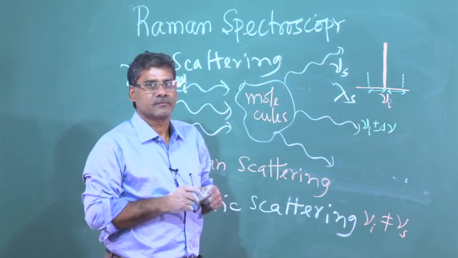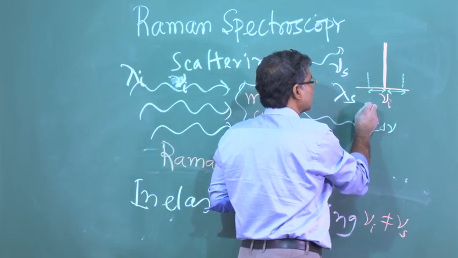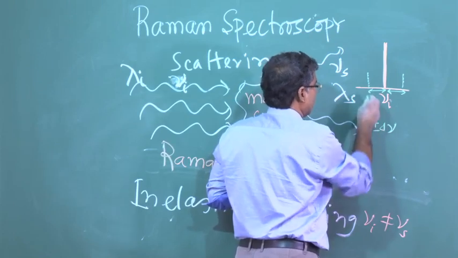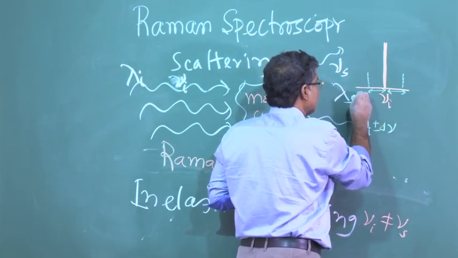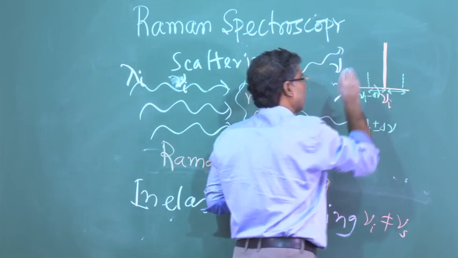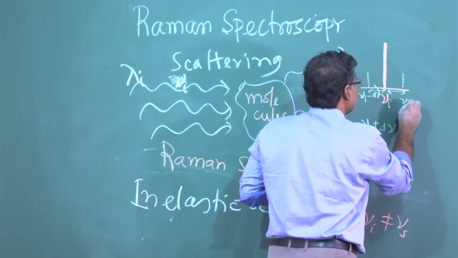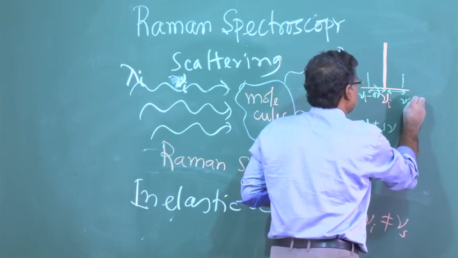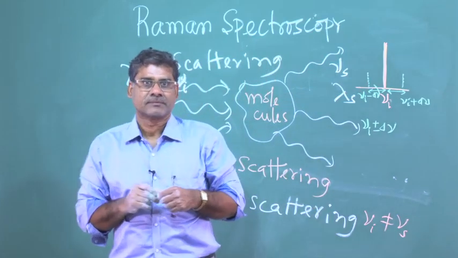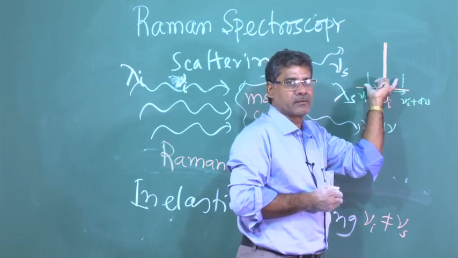The frequency of this one is nu I minus delta nu, and the frequency of the other one is nu I plus delta nu. But the intensity of these two lines is very weak.